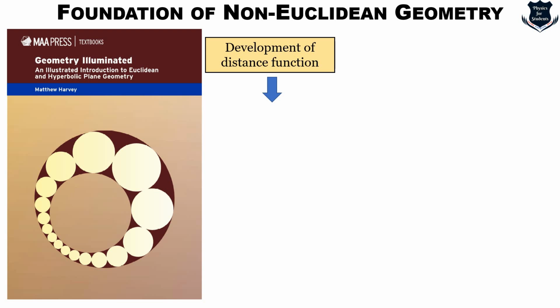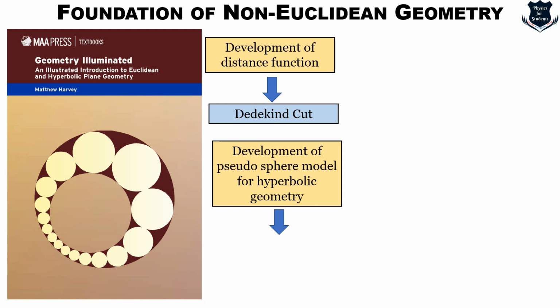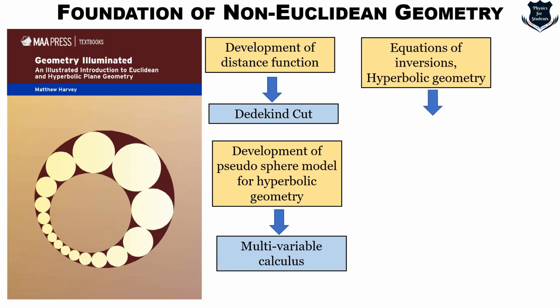That means the development of the distance function, which Professor Harvey has used, uses Dedekind cut. The development of the pseudo-sphere model for hyperbolic geometry, definitely you need to have a good concept of multivariable calculus, equations of inversions of hyperbolic geometry, complex numbers.